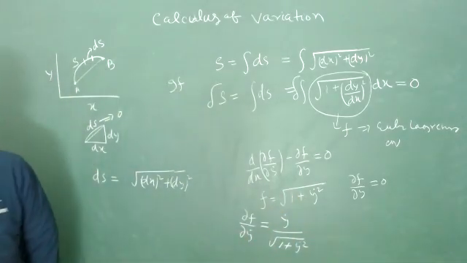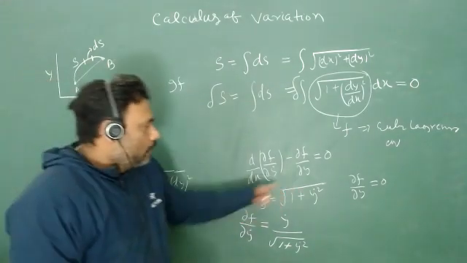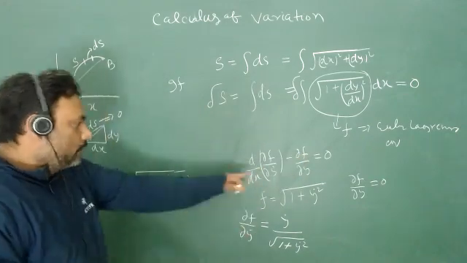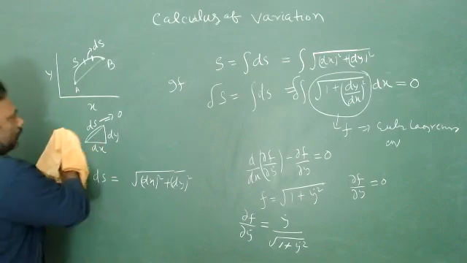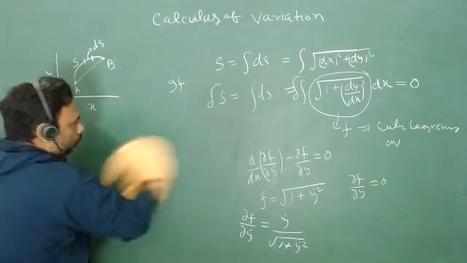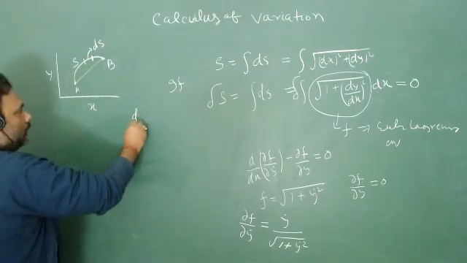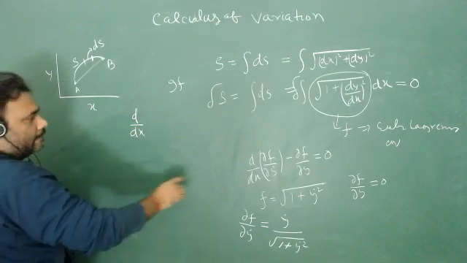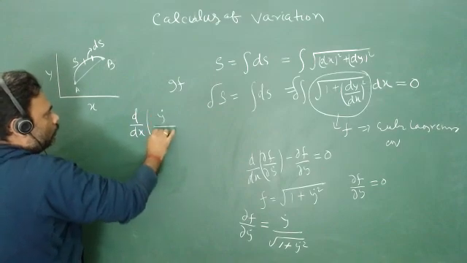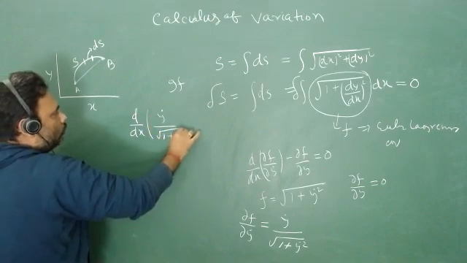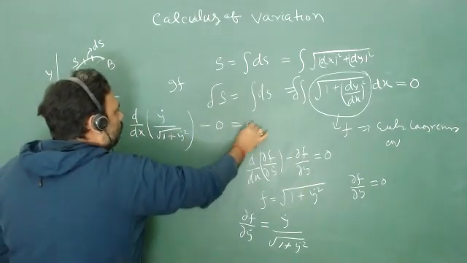Everyone is comfortable up to this? Yes, sir. Okay. So now this value has to satisfy this equation. We are just going to calculate all of this. We have d upon dx of del f upon del y dot, which is y dot upon root under 1 plus y dot square, minus del f upon del y, which is 0, equal to 0.